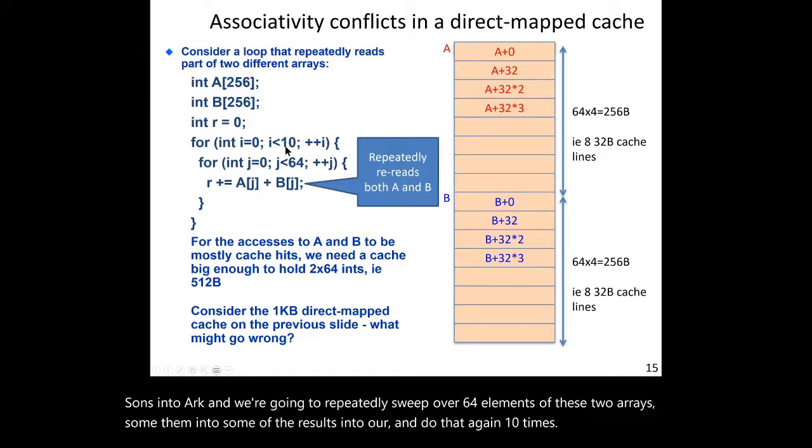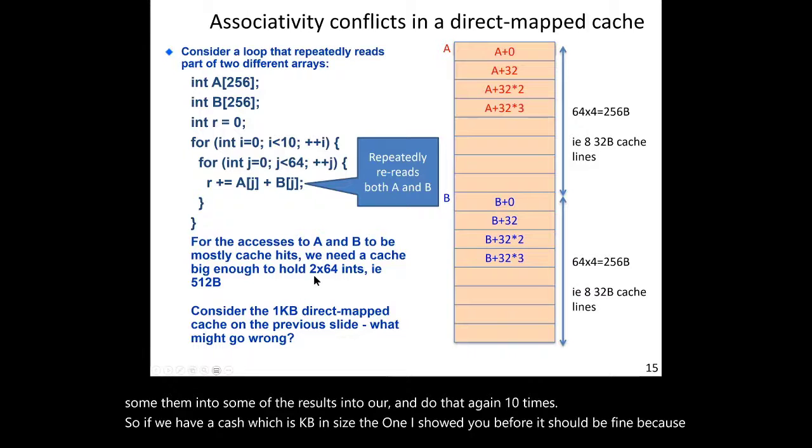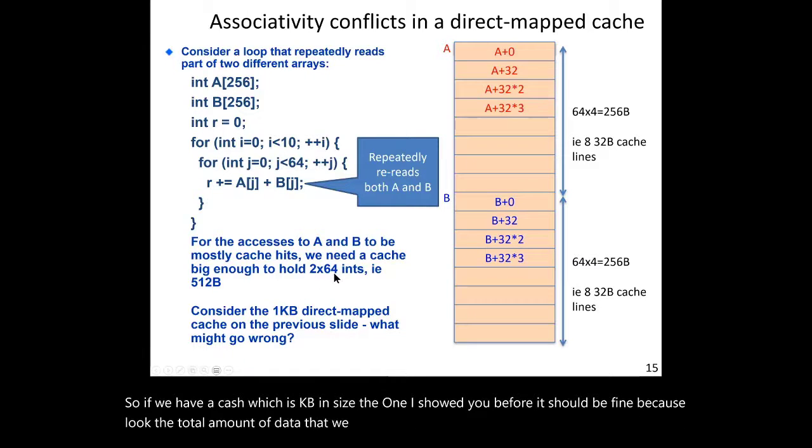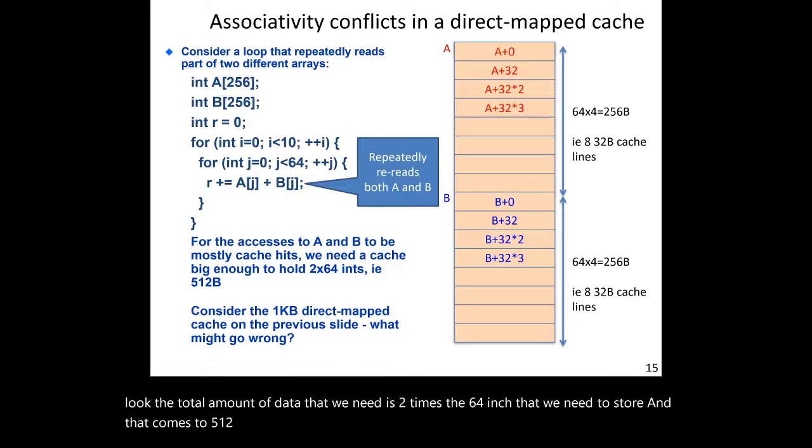If we have a cache which is a kilobyte in size, like the one I showed you before, it should be fine, because the total amount of data that we need is 2 times the 64 ints that we need to store, and that comes to 512 bytes, easily fitting into our 1K byte cache.